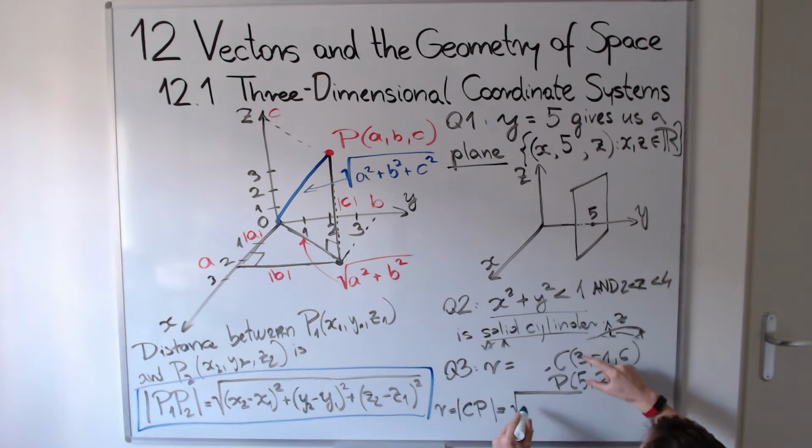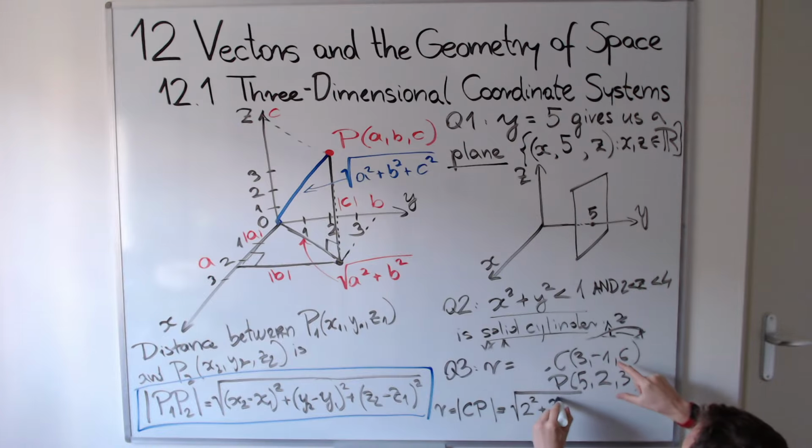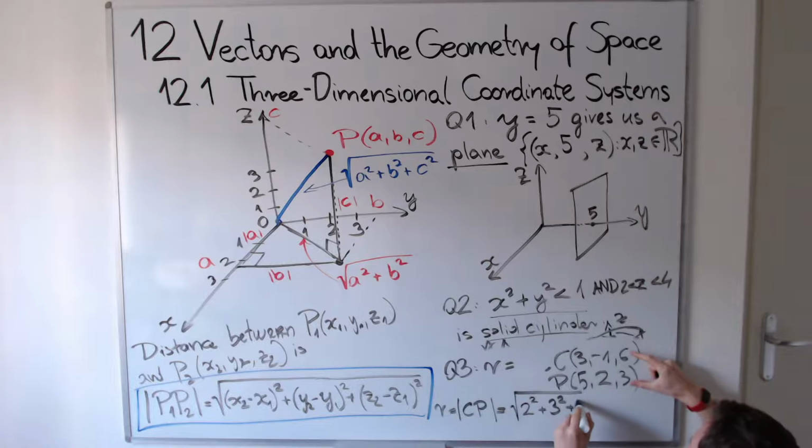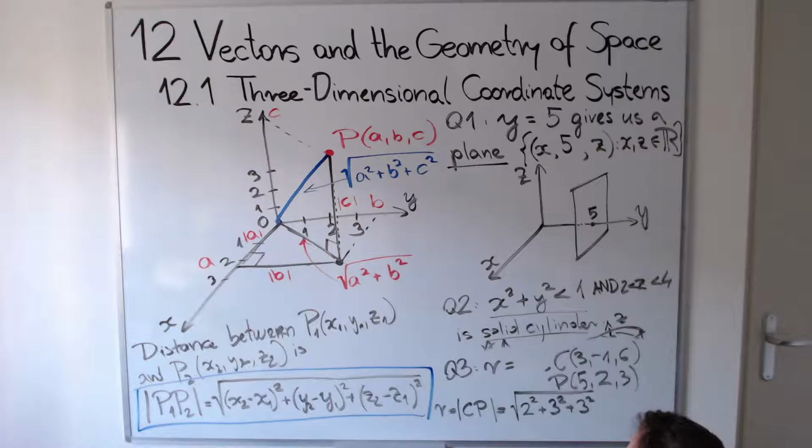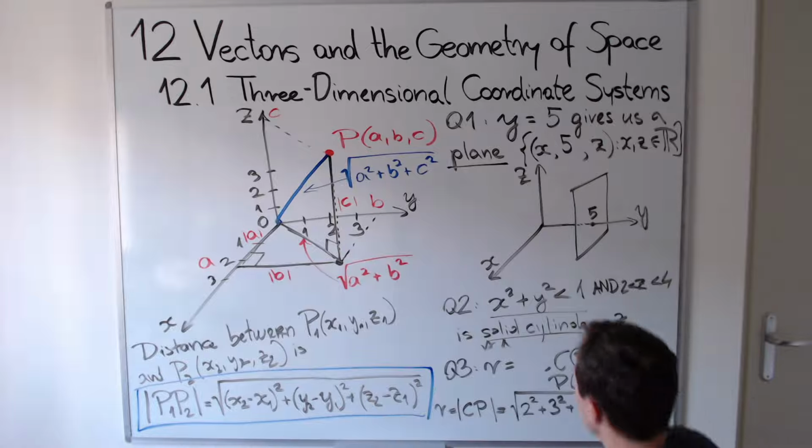So for the first coordinate, the difference is 2, so we have to square 2. Second coordinate, the difference is 3, so we take 3 squared. And for the third coordinate, the difference is again 3, so we have to square that. This way we get 4 plus 9 plus 9, so that's giving us root 22 for the radius.